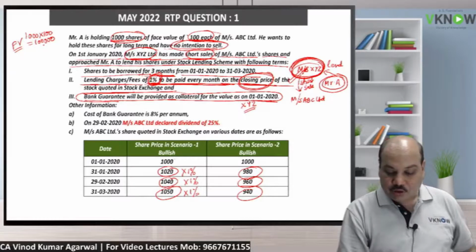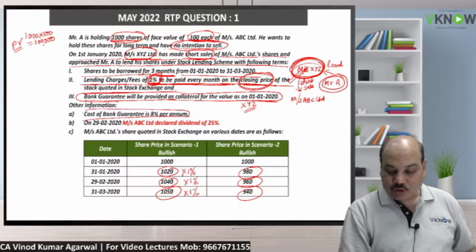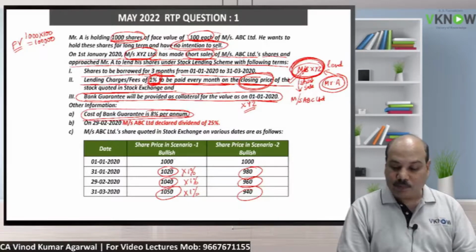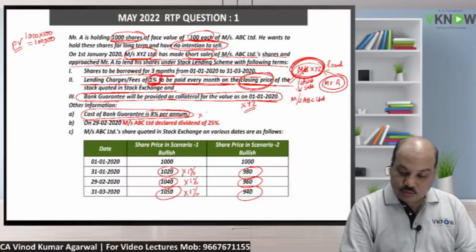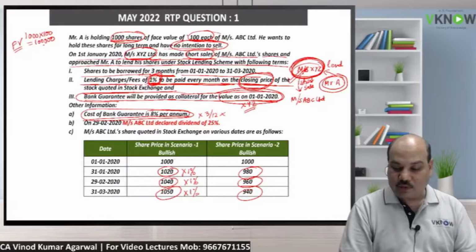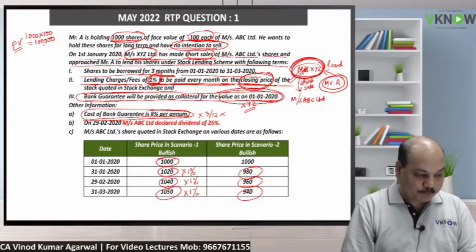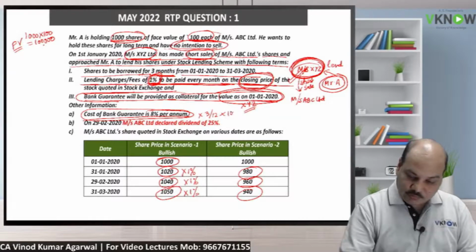And what is the cost of bank guarantee? The cost of bank guarantee is 8% per annum into 3/12 into the value of the shares on 1st January 2020. If you see below, the value of the share on 1st January 2020 is 1000 rupees.